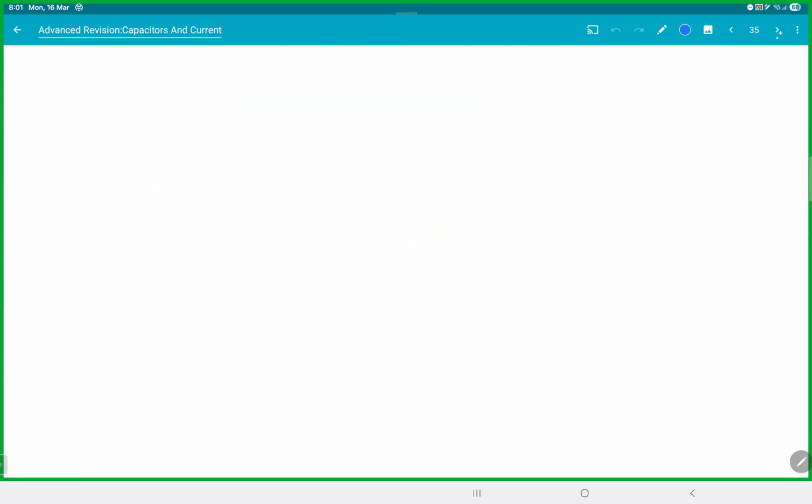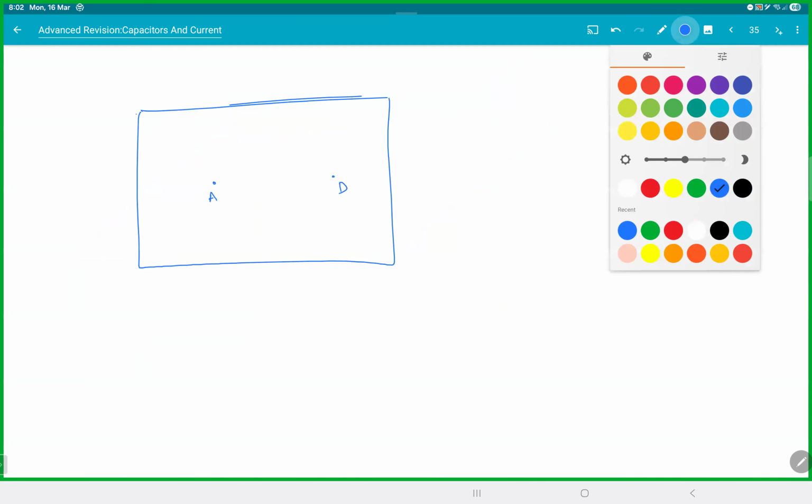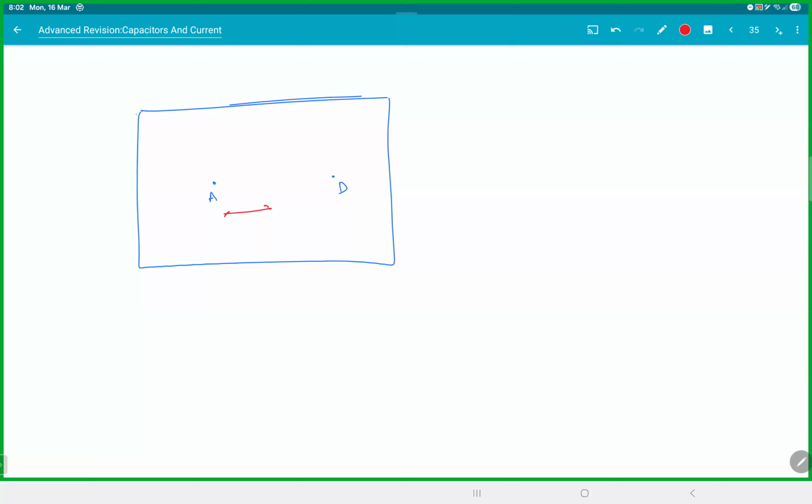Now, when you see from both of them, I'll just draw the top view. So this was A and this was D. So if you take a distance x, because of A, the current density will be I by 2 pi xd going this way.